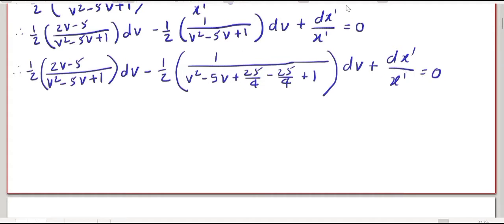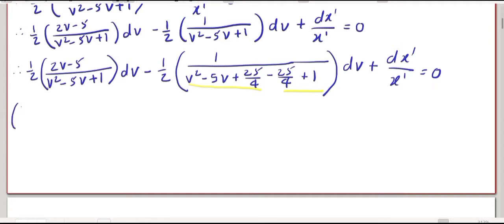Now the value of this is (v minus 5 by 2) square, and value of this is 21 divided by 4. So here we have to multiply 2 to the whole equation.